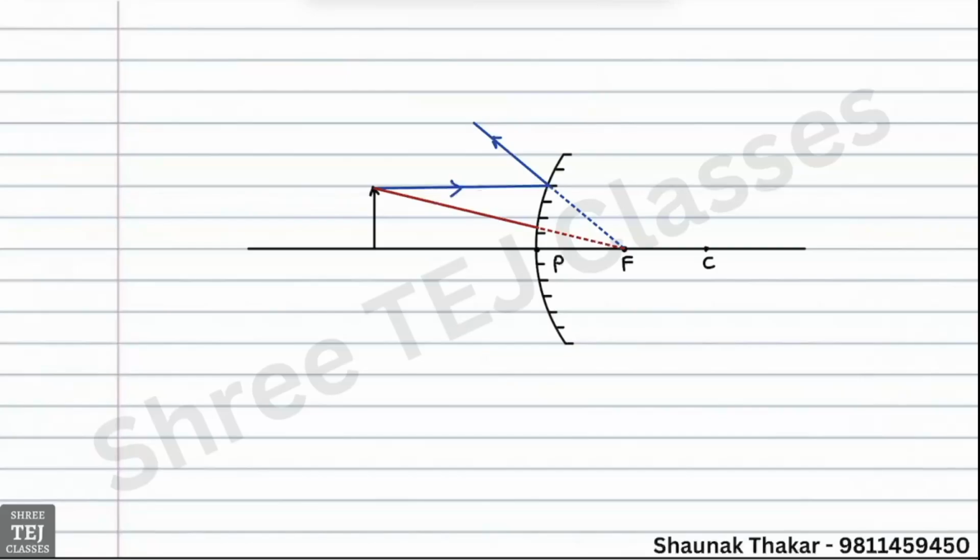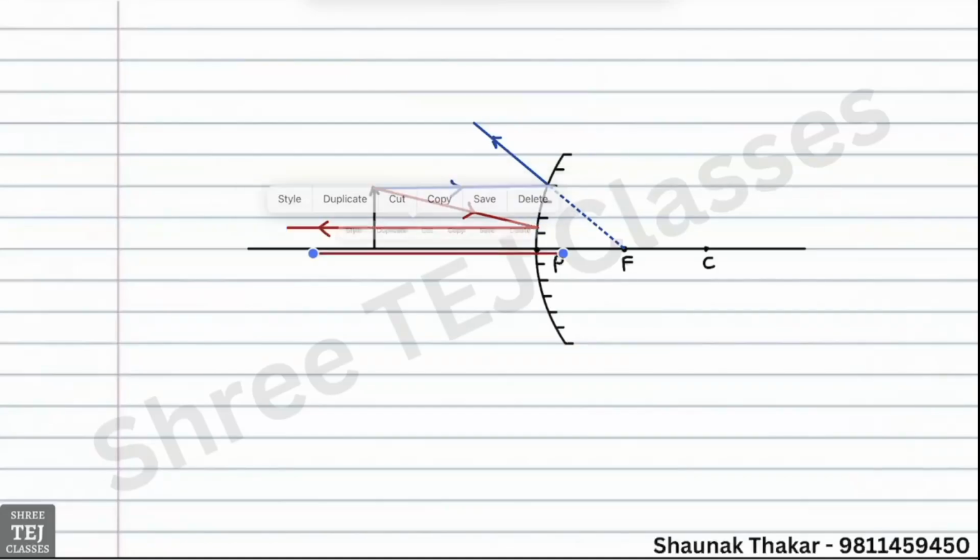Behind the mirror we will use a dotted line. So this is the incident ray. After reflection, it will go parallel to the principal axis.